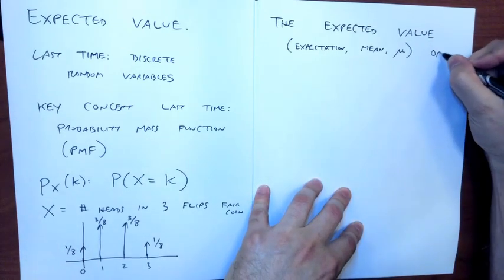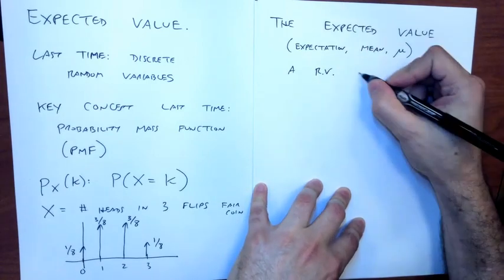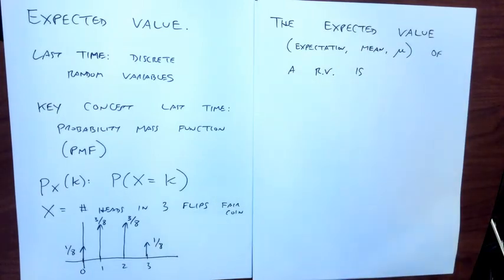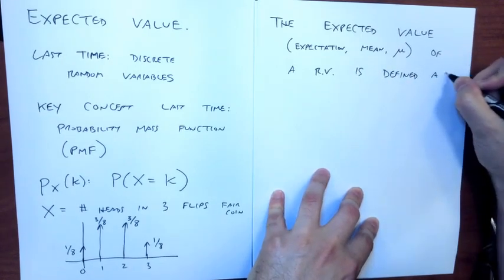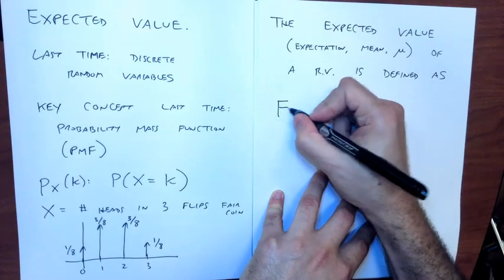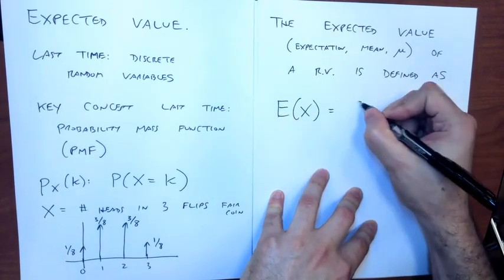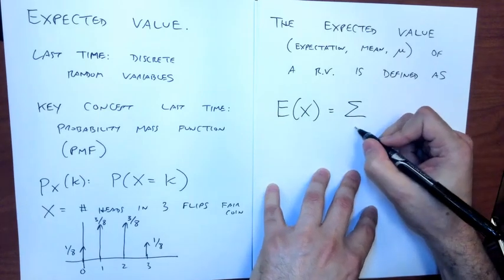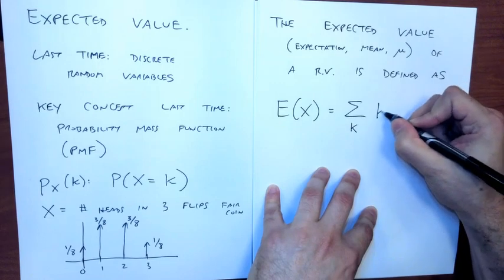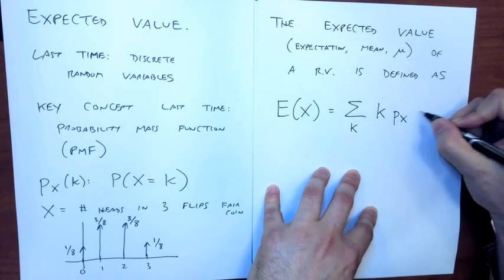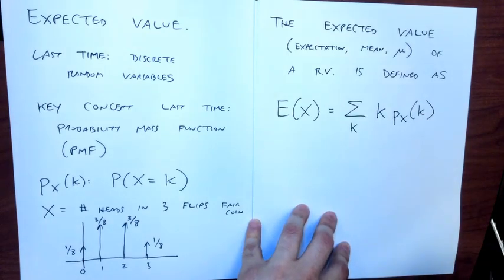The expected value of a random variable is basically a weighted sum. So basically it's defined as this. Expected value of x, we use this big E. What we do is we sum over all the possible values k times the probability that x takes on that value, right?